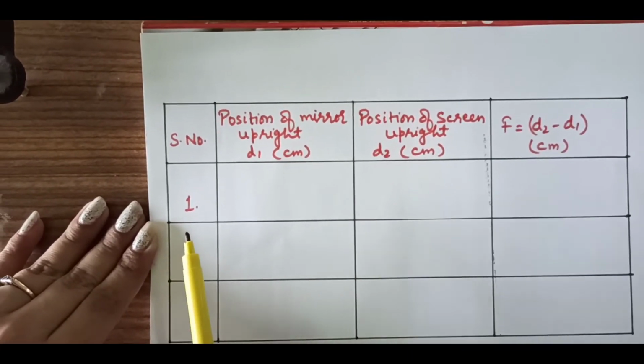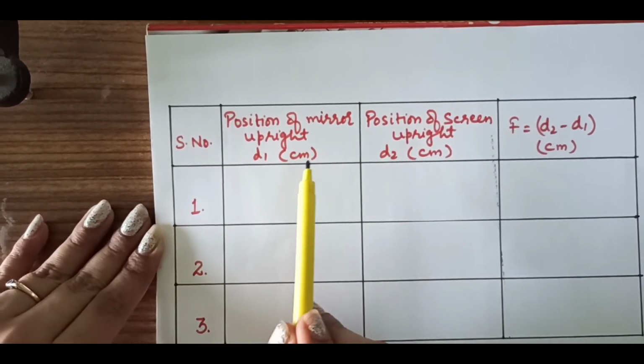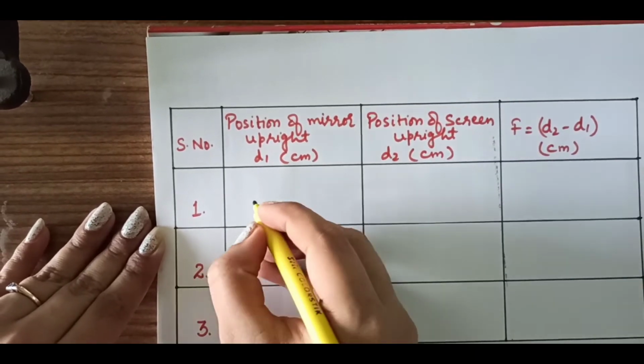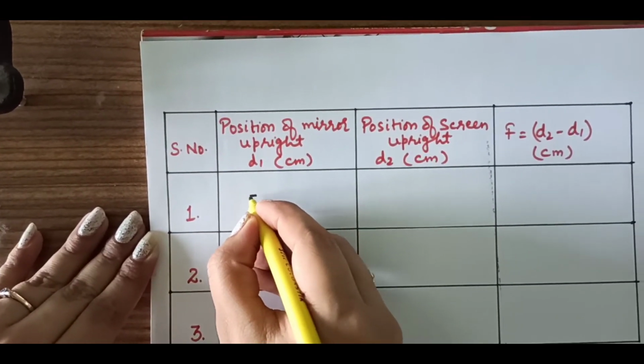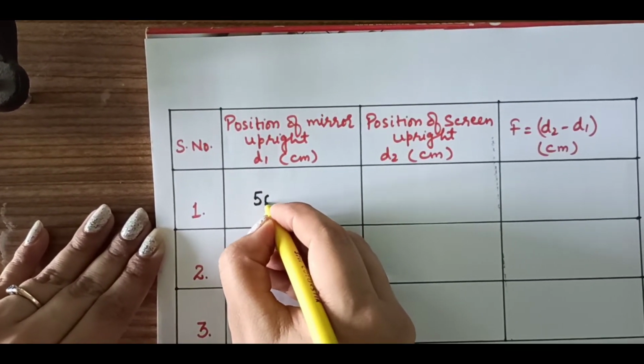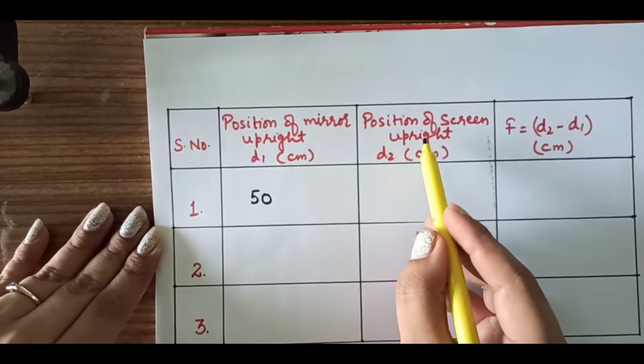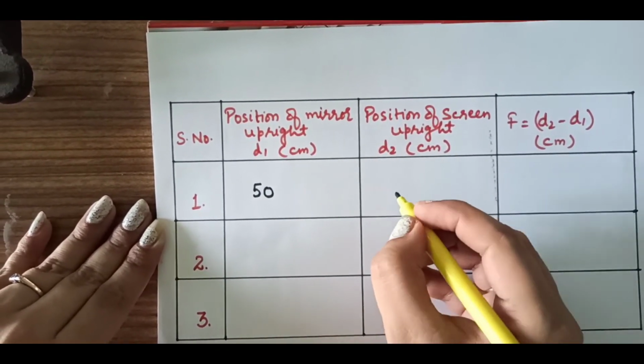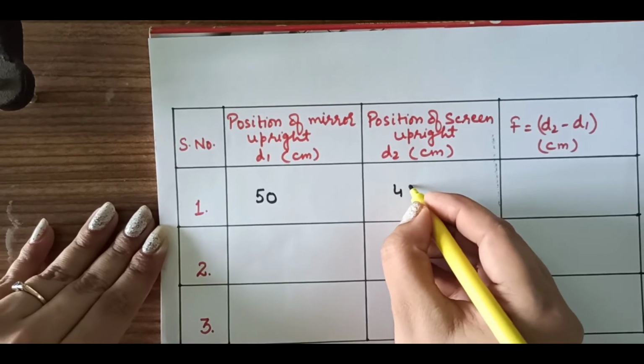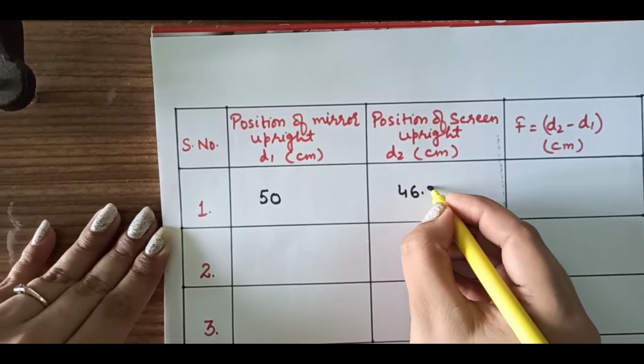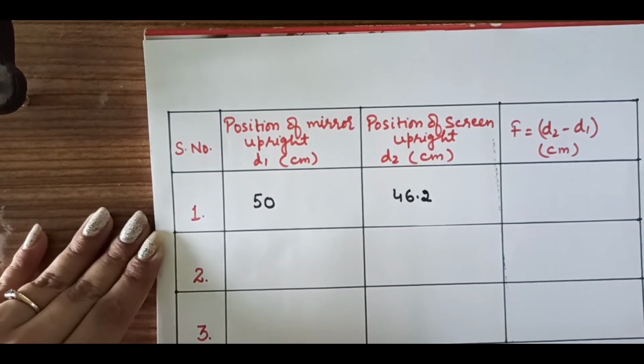Now, let's note down this observation in the table. First observation, in which the position of the mirror upright is 50 centimeter and the position of the screen upright is 46.2 centimeter.